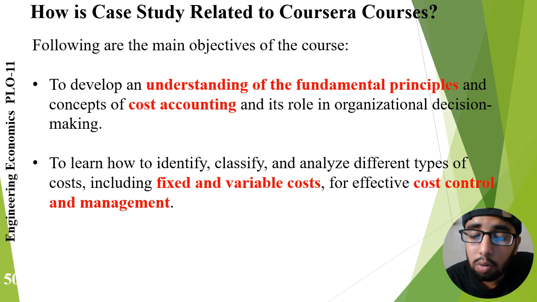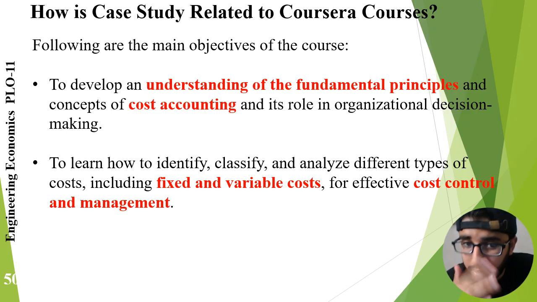Project initiation taught me how projects are evaluated, prioritized, approved, and checked for feasibility. The combination of these skills is reflected in the engineering economics analysis in the case study. I also learned how to classify and analyze different types of cost, fixed and variable, for effective control and management.